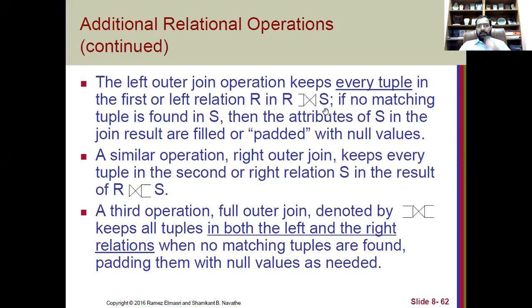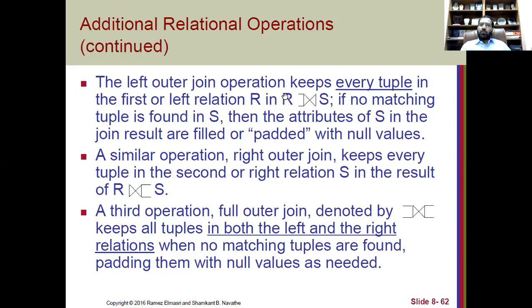The first one is called the left outer join. You can see with this bow symbol, you have two parallel lines on the left hand side. The left outer join operator keeps every tuple in the first or left relation R. So what will happen when you apply this condition?